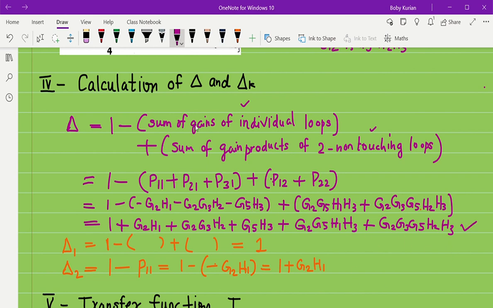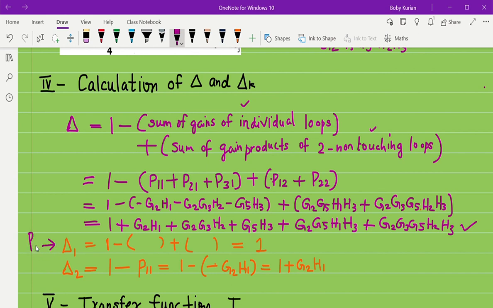Then we have to find delta 1 and delta K, here delta 1 and delta 2. So what is delta 1? Delta 1 means we have to calculate delta by selecting only the loops which are not touching the first forward path.